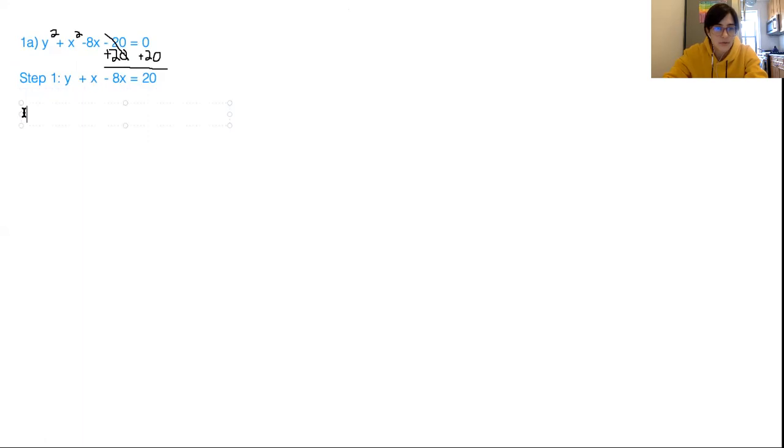Step 2, make sure you're labeling this stuff for yourself too. This is grouping. So what I'm going to do is I'm going to group my x's and y's together in parentheses. So I want to get my x stuff together and my y stuff together. So x squared minus 8x plus, and I have only y squared equals 20.